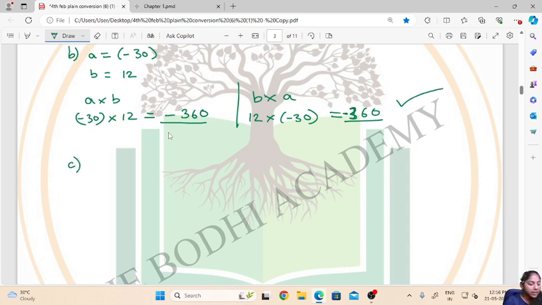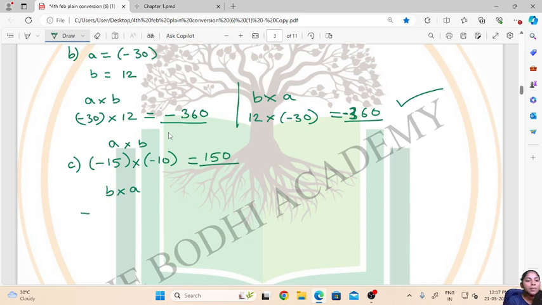Let us see another example. So we have a as minus 15 into b as minus 10. So here we have a multiplied by b, which is equal to, it will be minus into minus, it will be plus, and answer is 150. So now let us do b multiplied by a.